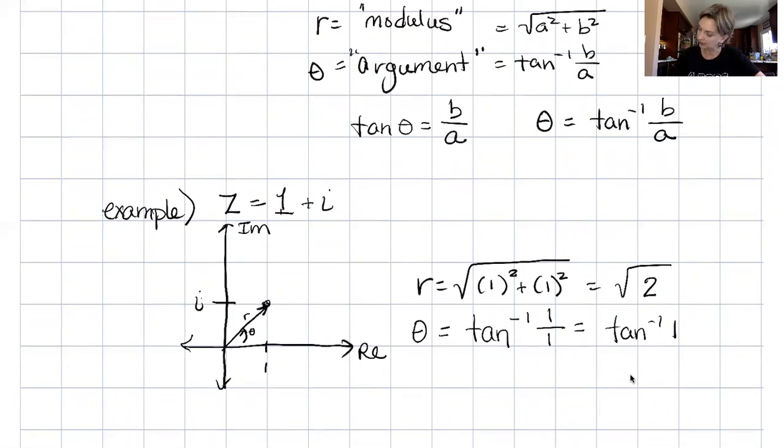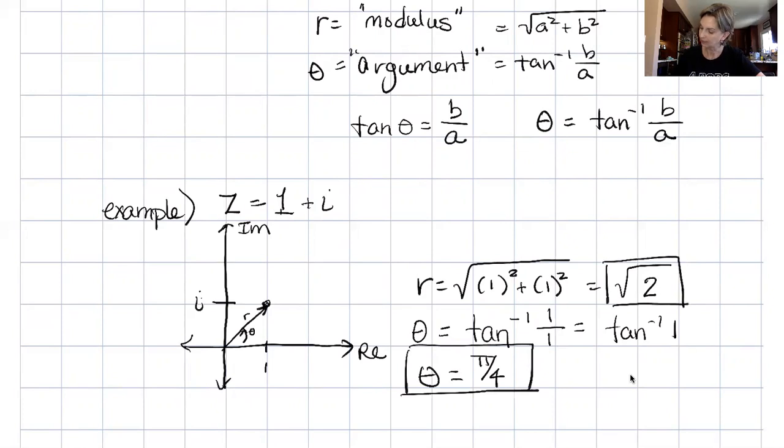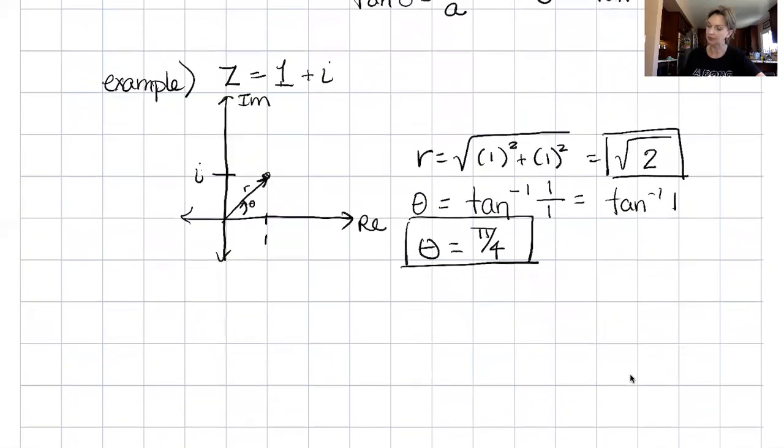Just pi over 4. Okay, so there we go. We have our argument. We have our modulus for that complex number in quadrant 1. Okay, let's do another one.